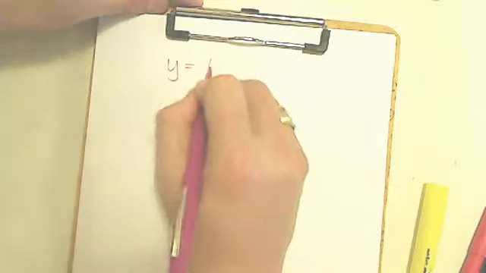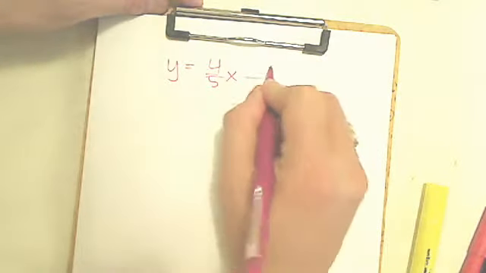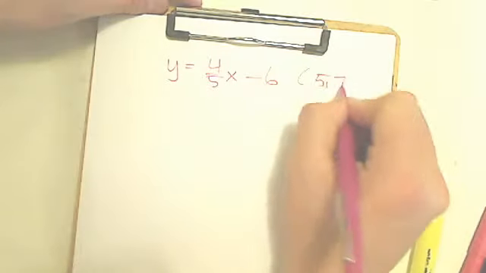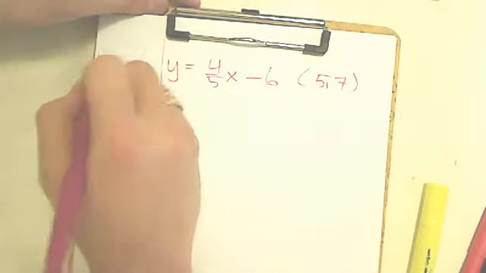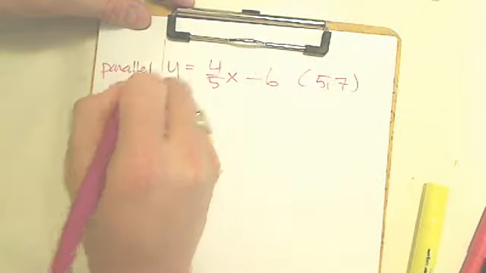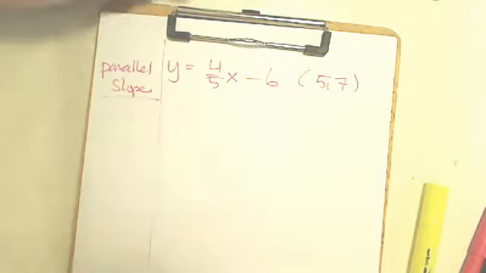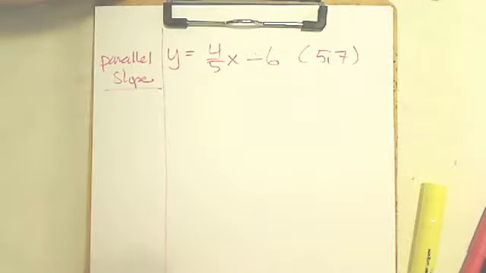Okay? Jojo, you ready? Y equals 4/5 x minus 6. Point is 5, 7. Find the parallel slope. Now, let's pretend they give you 4/5 x minus 6, and it says, hey, I need you to find me the other equation. How do I find the other parallel equation?